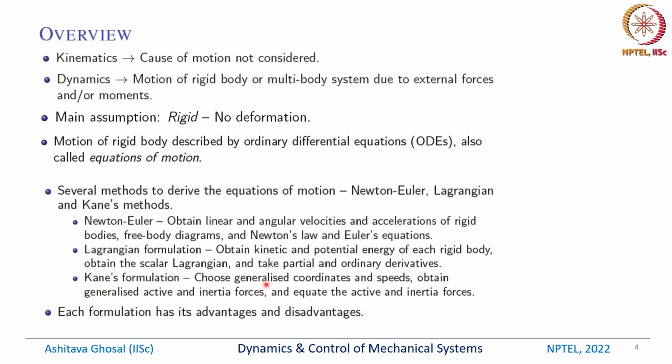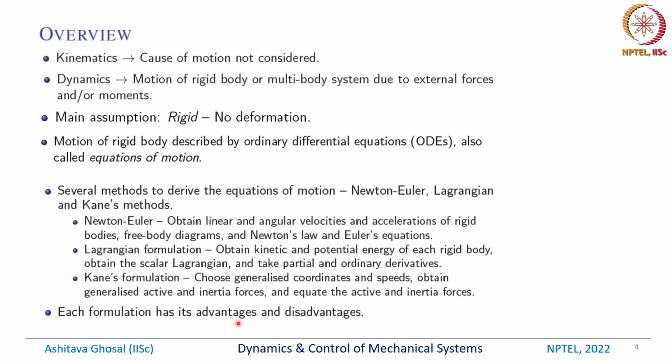In Kane's formulation, we choose what are called generalized coordinates and speeds. We obtain generalized active and inertia forces and equate the active and inertia forces to obtain the equations of motion. We will not be looking at this in this course. Anybody who is interested can search Kane, and there is a lot of material available on how to use Kane's formulation to obtain equations of motion.